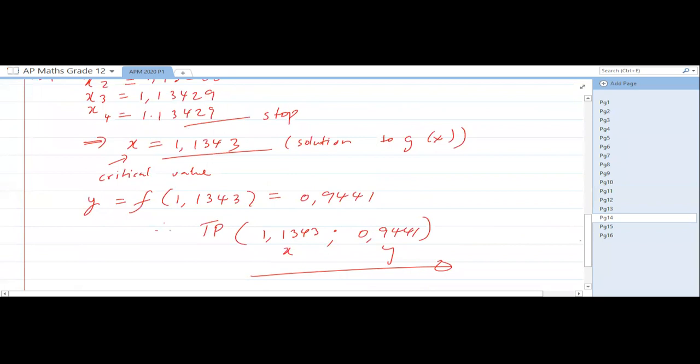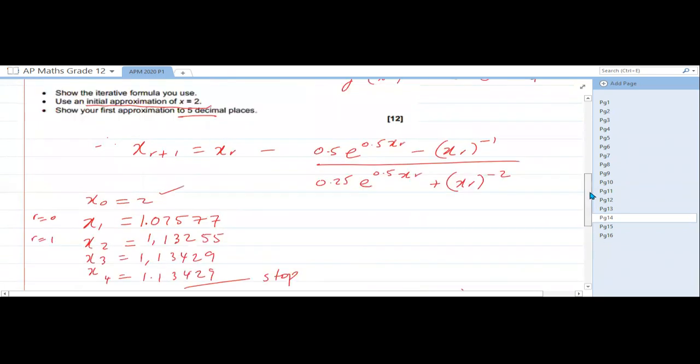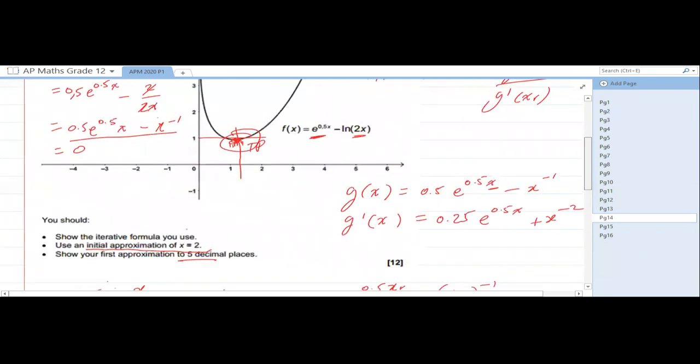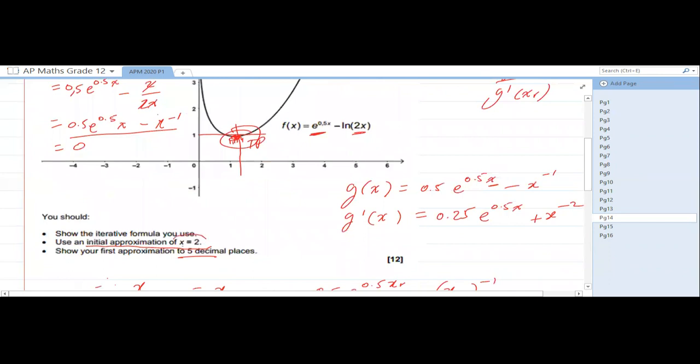Now guys, let us just get back to this question here. Since they gave us what value to use, assuming that they did not give us a value, we can use the intermediate value theorem to approximate between which 2 points the turning point lies. So you can use 1 and 2.